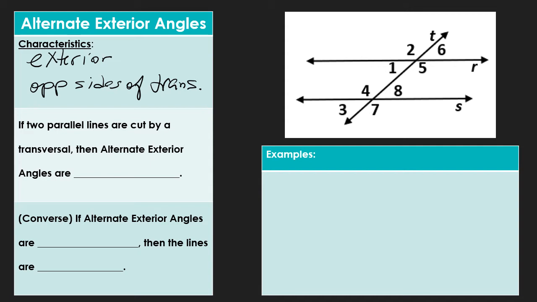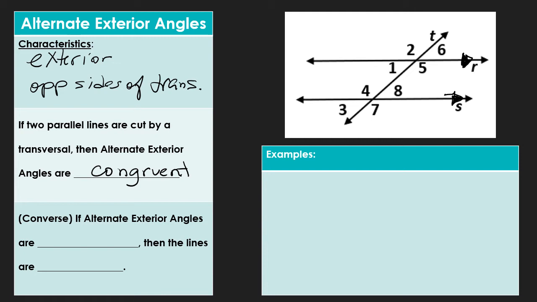If we have two parallel lines, so let's look at our picture and say that line R is parallel to line S, then alternate interior angles are going to be congruent. And I'm sorry, we're on alternate exterior angles, so alternate exterior angles will be congruent.